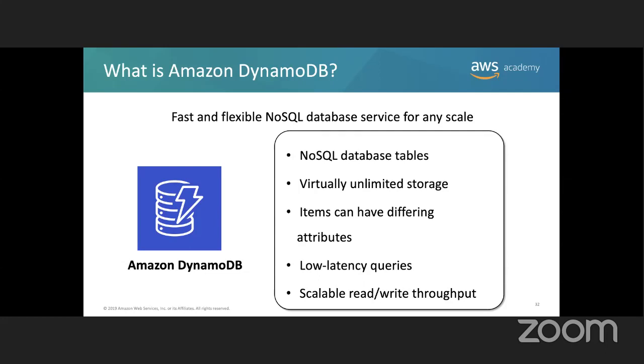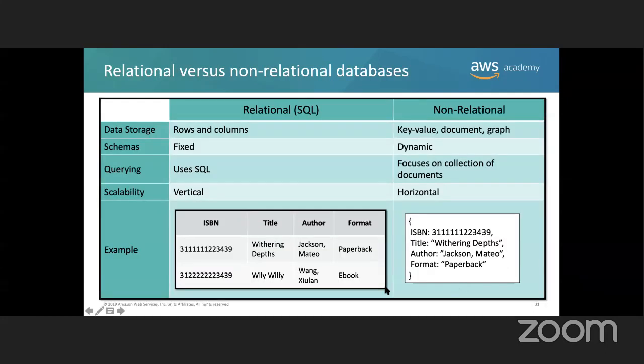Items can have differing attributes. So remember, in a relational database, you will see that every single row has an ISBN, a title, author, and format. With this guy, you may have one row that has ISBN and title, another row has ISBN, title, and author, another row has author, format.